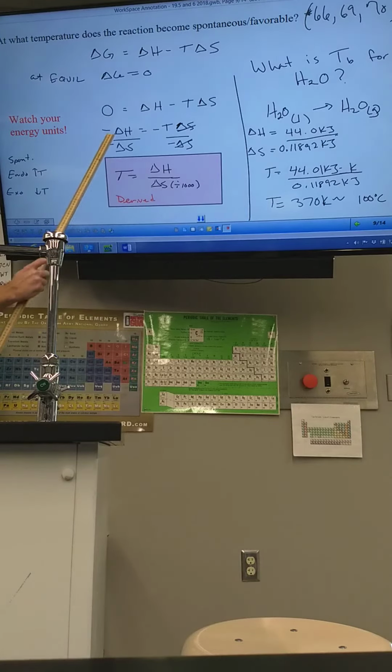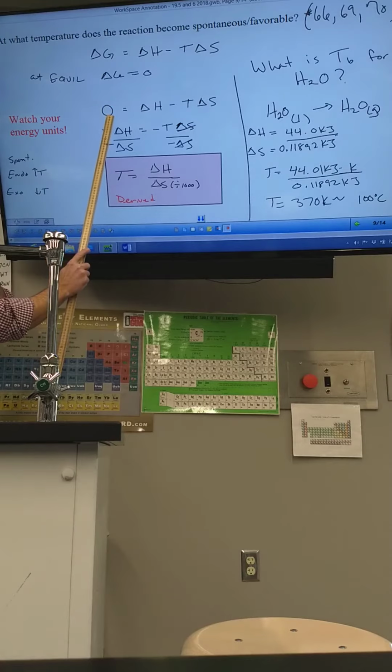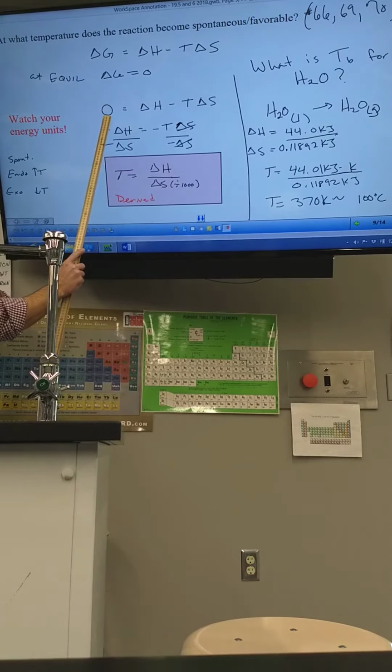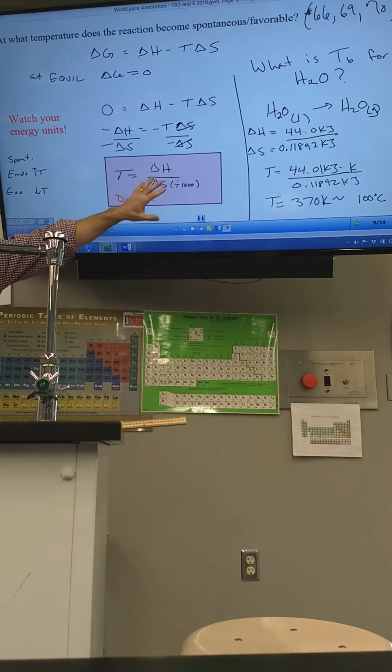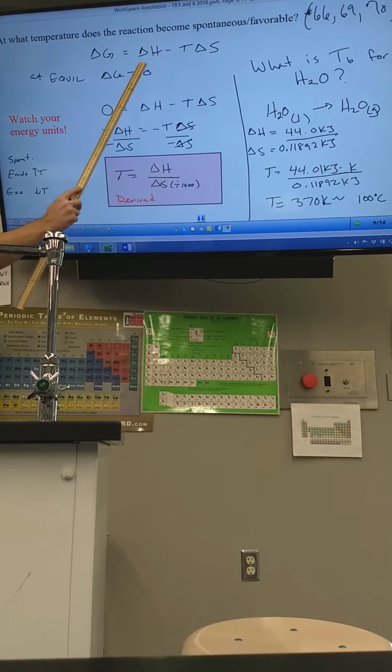And so if we put in 0, our equilibrium condition, and then we just solve this equation for T, we come up with this. Now, of course, this is not going to be on your sheet. This one will be.